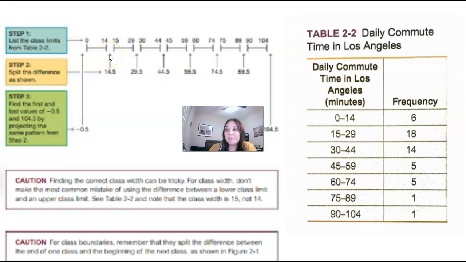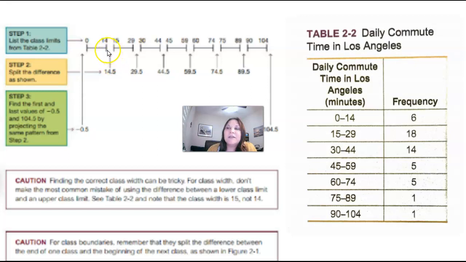When I first mentioned that this table is displaying people whose commute time is anywhere between 0 and 14, and then I went to the next class and said 15 to 29, what about those people that were 14 and a half minutes or 14.2 minutes? That's what these class boundaries do: they allow for the numbers in between.